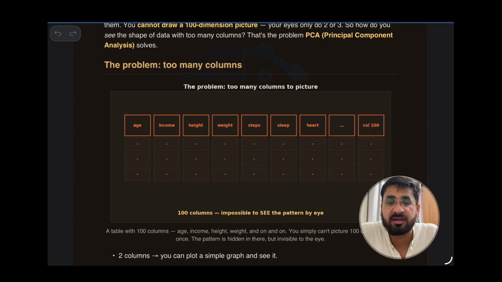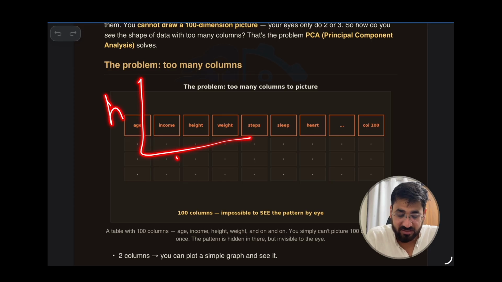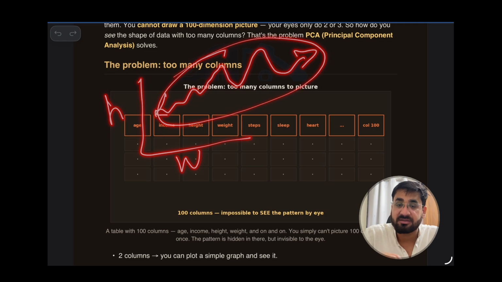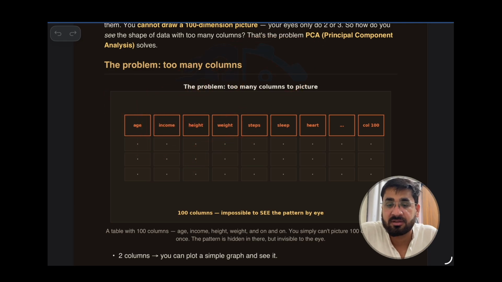Impossible to draw and find a pattern, right? But suppose I ask you for height and weight, then you can take this as height and this as weight, and draw the pattern for say 100 people and see what pattern comes out. This is the motive, and that's what we are going to do.